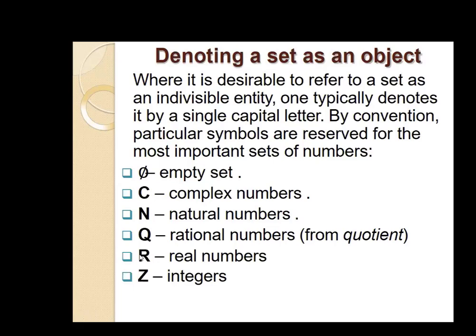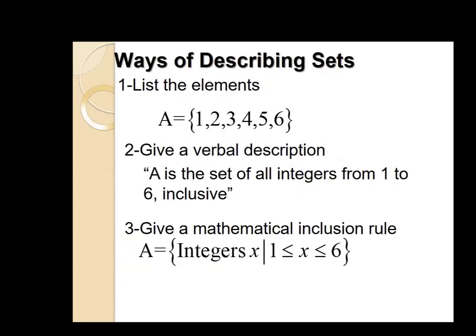Rational numbers have to be represented by only capital Q. In the same way, the natural numbers set should be represented by only capital N. It cannot be represented by Z or C. It can only be represented by N. So I think it is clear. We will move toward another slide.